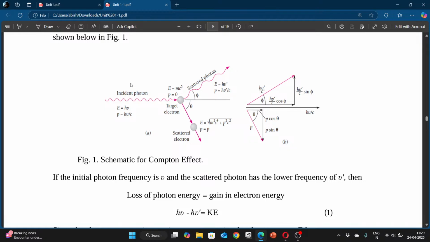Now we'll draw a schematic diagram of this one, using angles and rules. So we have h mu dash by c, phi.